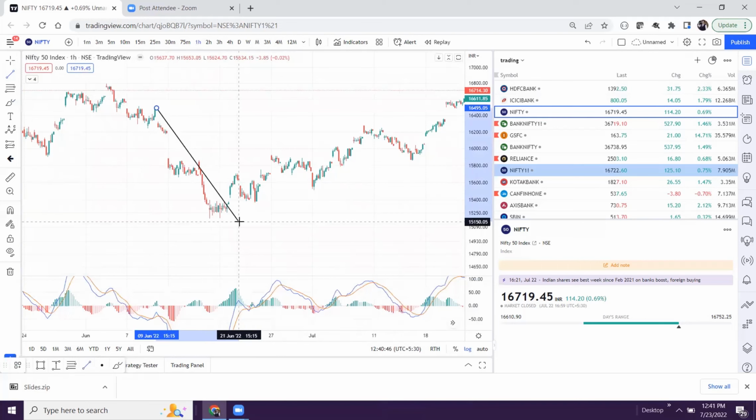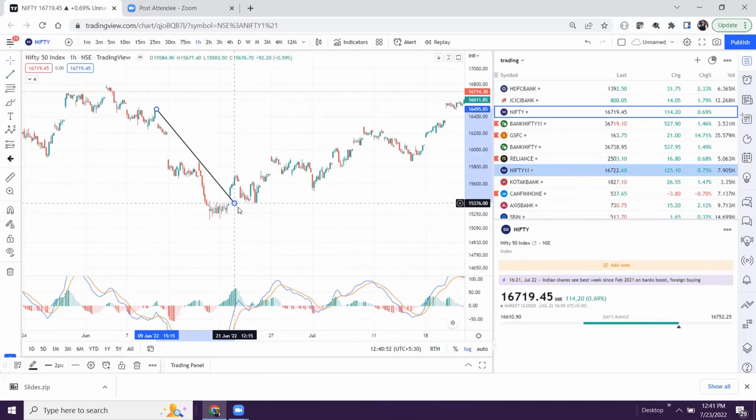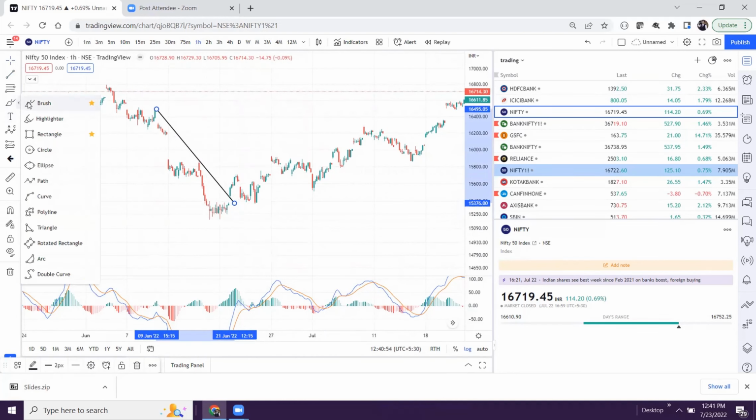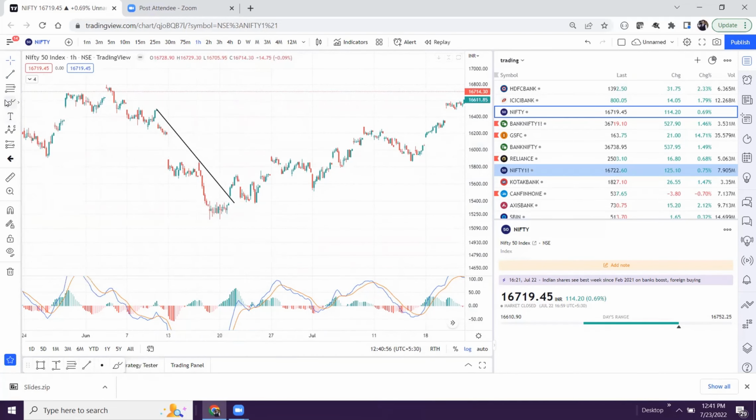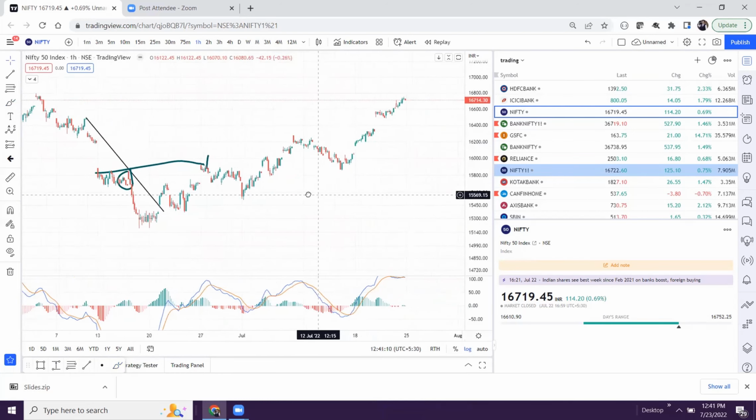Now for an up move, once this point was taken out, this was the last point for selling. And once this point was taken out, it means the buyers have stepped in.